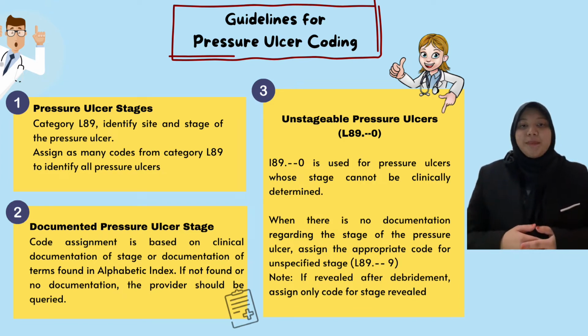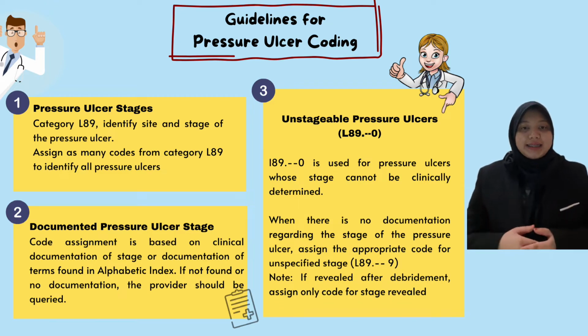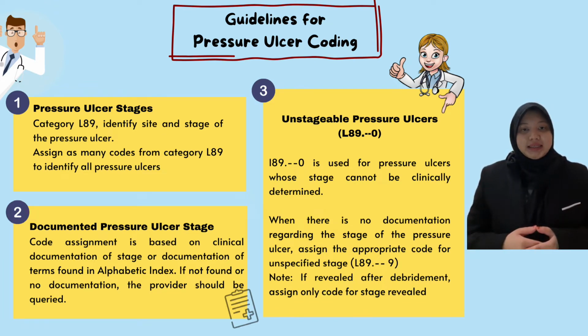Second, unstageable pressure ulcer. Assignment of the code for unstageable pressure ulcer, L89.0, should be based on the clinical documentation. These codes are used for pressure ulcers whose stage cannot be clinically determined. For example, the ICD-10-CM official guidelines for coding and reporting 2022, page 55 of 150: the ulcer is covered by eschar or has been treated with a skin or muscle graft.